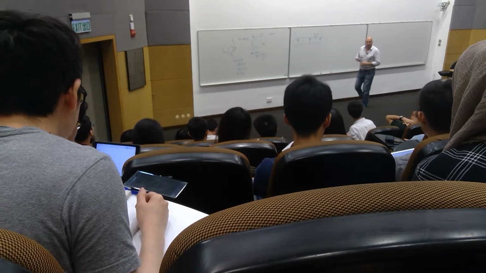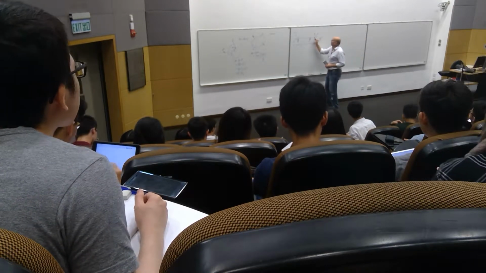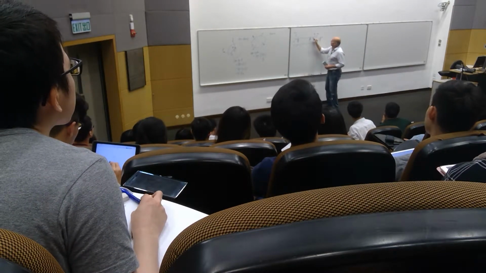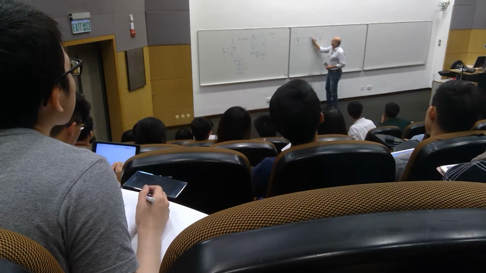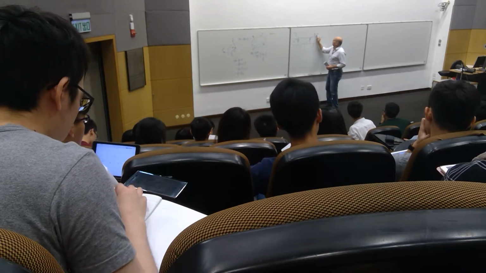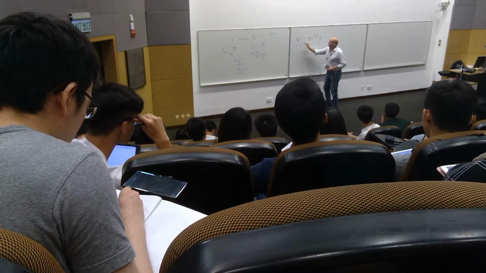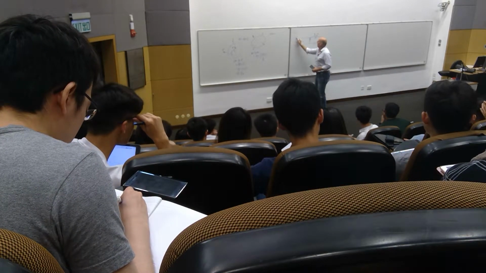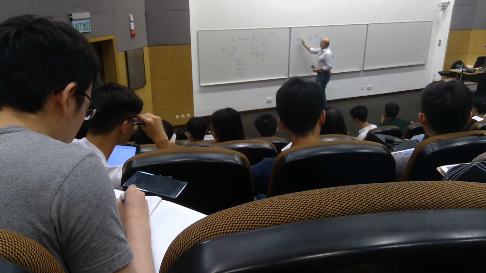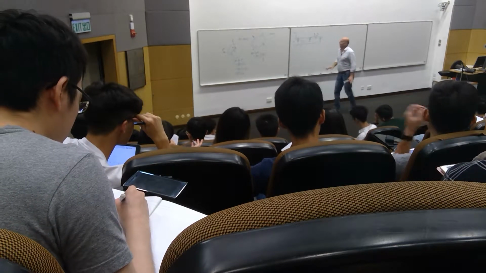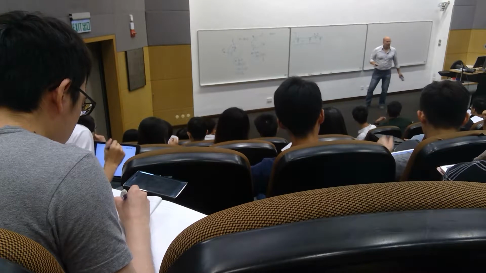Now I will assume that this rotates. If this rotates somehow, then this would come something like this, and this would be all the way like this. That means the displaced shape would look something like that.